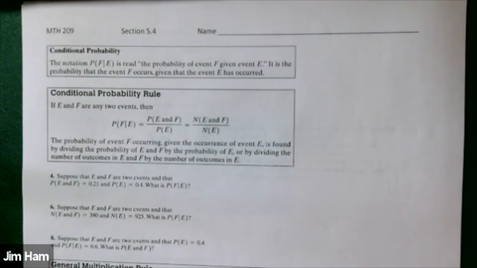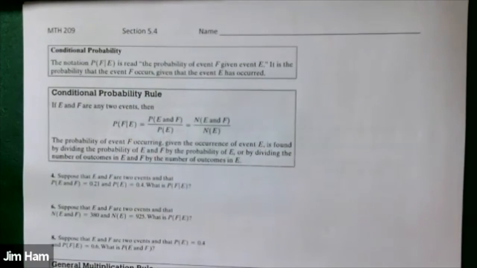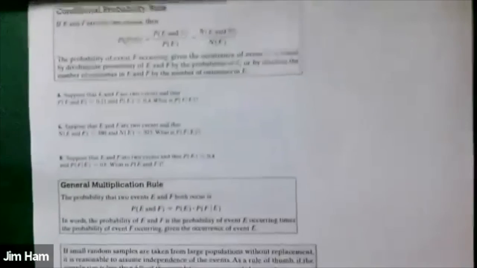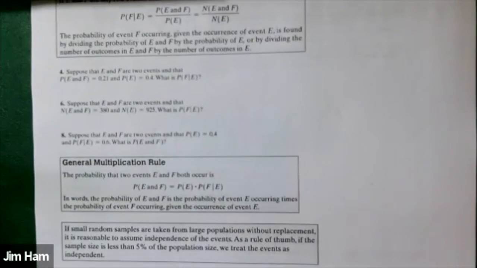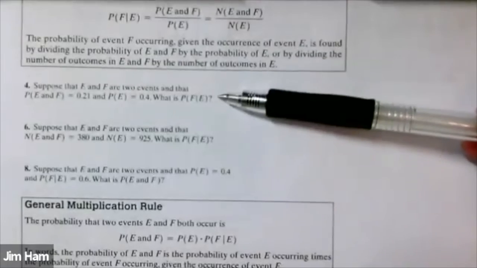Okay, let's take a look at some of the problems. Again, I gave you all of the formulas and the tree diagrams that are going to help you with these problems. I've already given them to you. So you see those 2 formulas up here. So let's work through some of these problems that appear underneath. So here's one here.